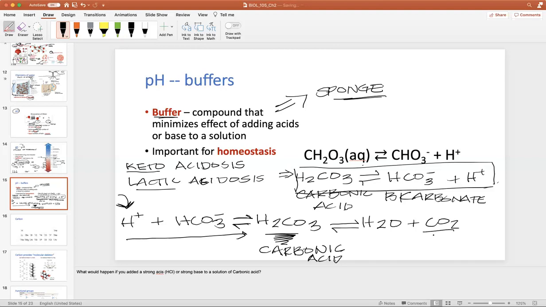What happens to CO2 in our bodies? We blow it out our lungs, don't we? So this is a really effective system for getting rid of excess acid in our bodies, okay?